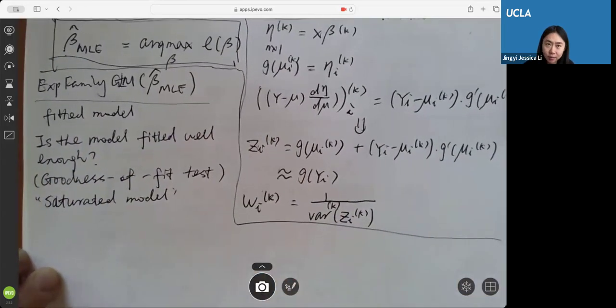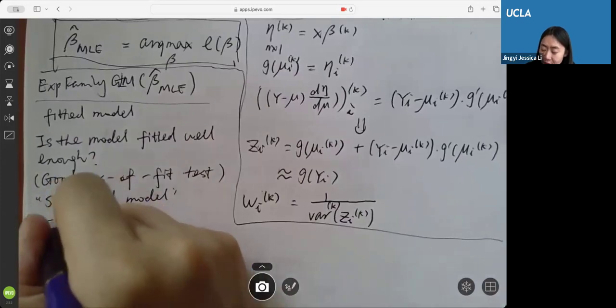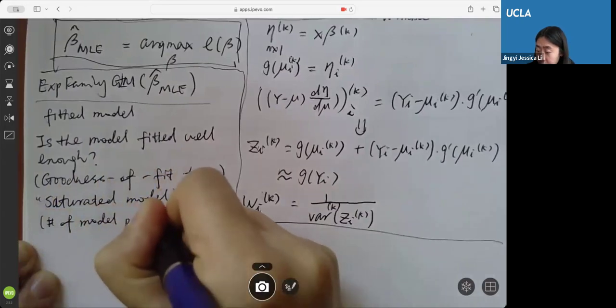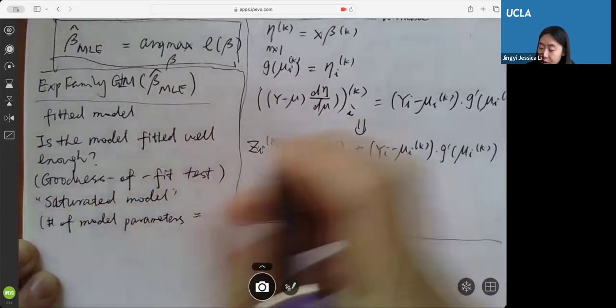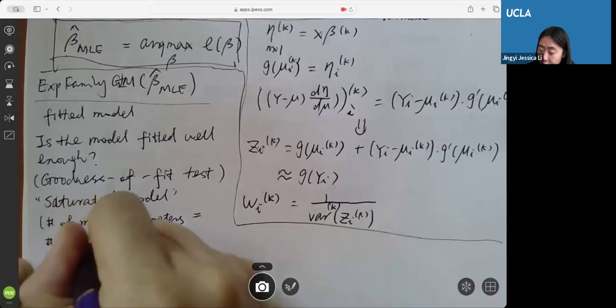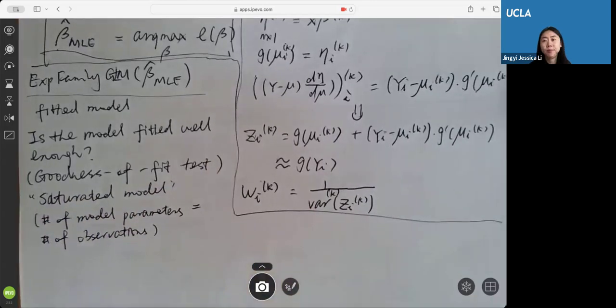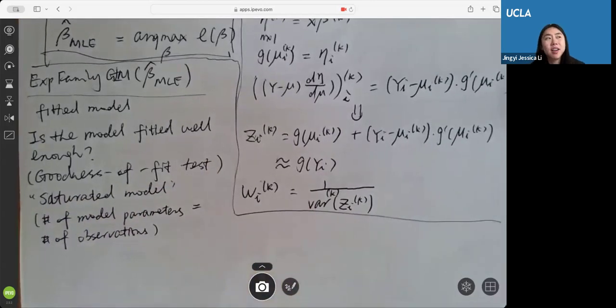When we say saturated model, we actually mean that the number of model parameters equals the number of observations. Essentially, you maximize the complexity of your model. This may no longer be the case for large language models or deep learning models, because now the number of parameters is huge.